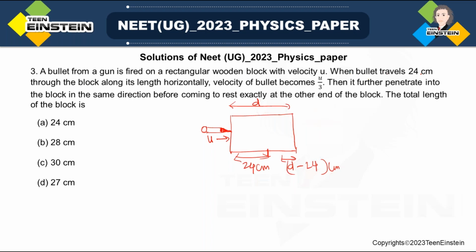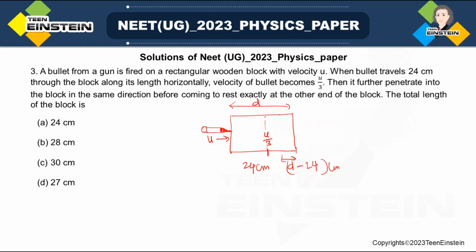So when the bullet travels 24 centimeters through the block along its length horizontally, the velocity of the bullet becomes u by 3. After traveling 24 centimeters, it comes to this particular position, and here the velocity of the bullet becomes u by 3.